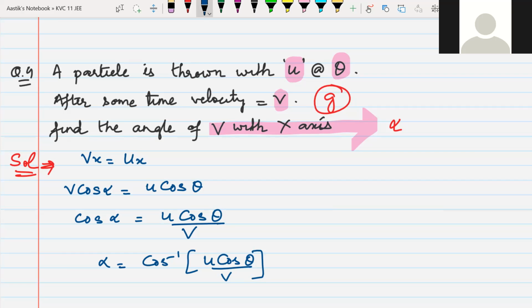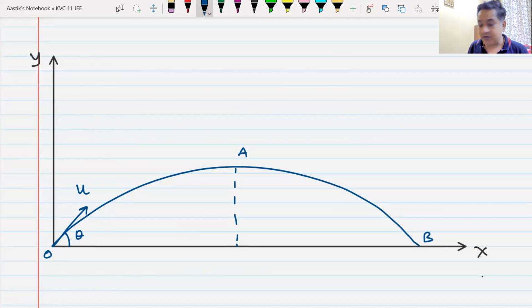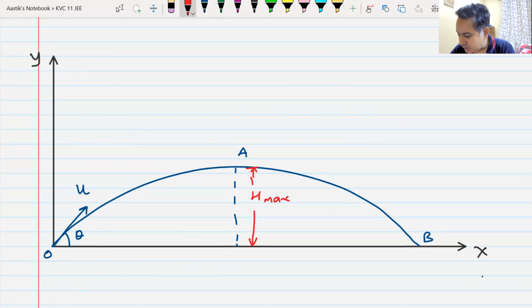Done, sir. That takes us forward in life, and we come to the same diagram that we had already drawn. We had seen some terms over here, and now we are not going to derive those terms because that is a part that you can do in your regular school class.